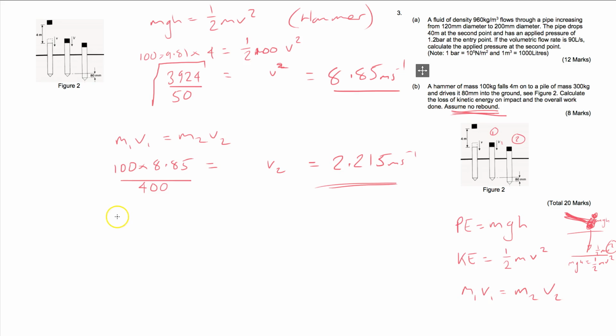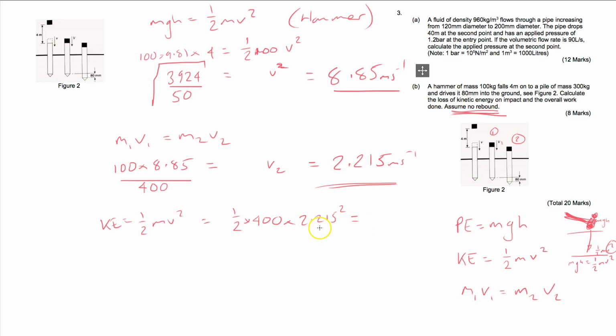Let's work out the kinetic energy of this thing when it's in its second state of moving down at this rate of 2.2. So kinetic energy is a half mv squared, which is going to equal 1/2 times the mass, which is now 400 because it's this entire unit that's moving down together, times the velocity, 2.215 squared.